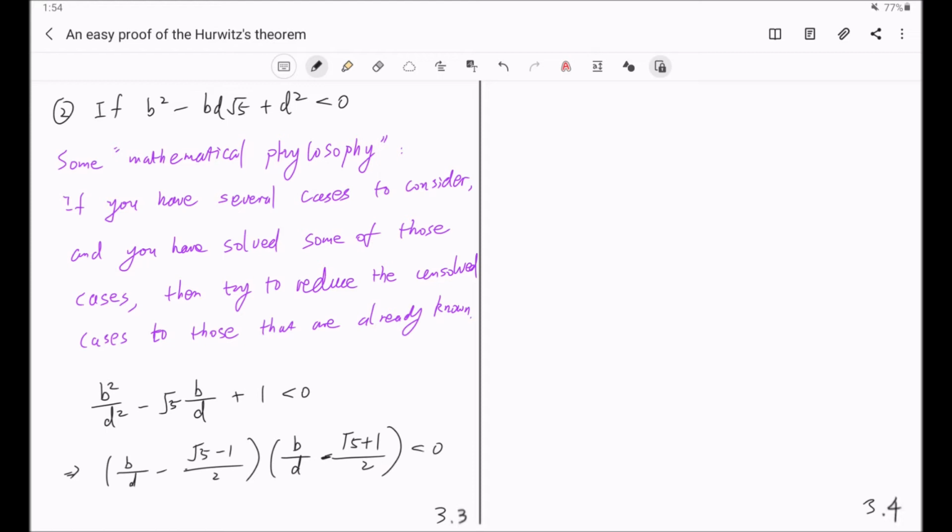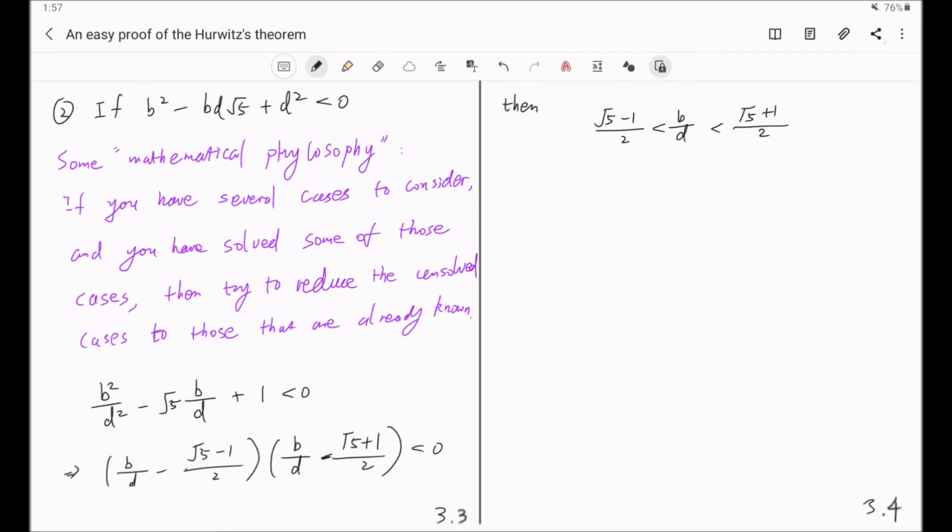This product is less than 0. Then we have b over d is strictly greater than (root of 5 minus 1) divided by 2 and less than (root of 5 plus 1) divided by 2.